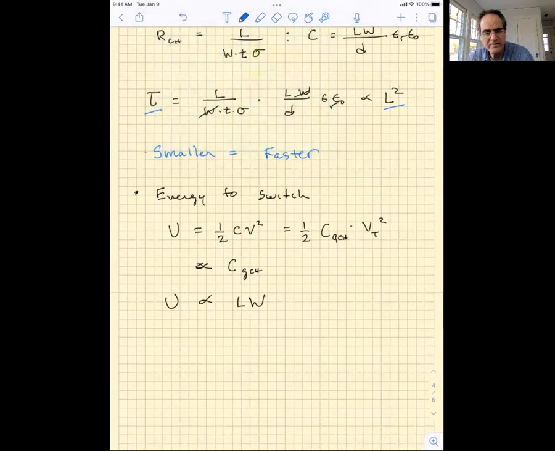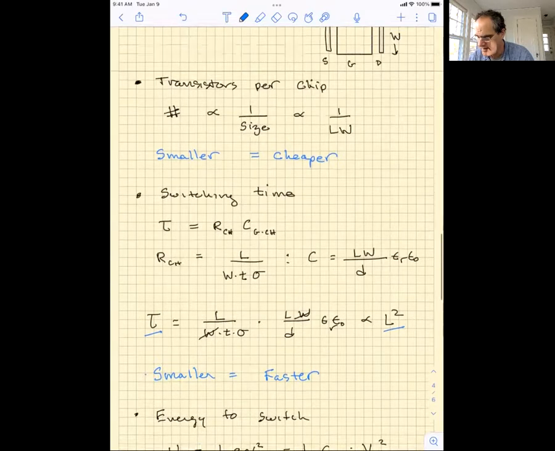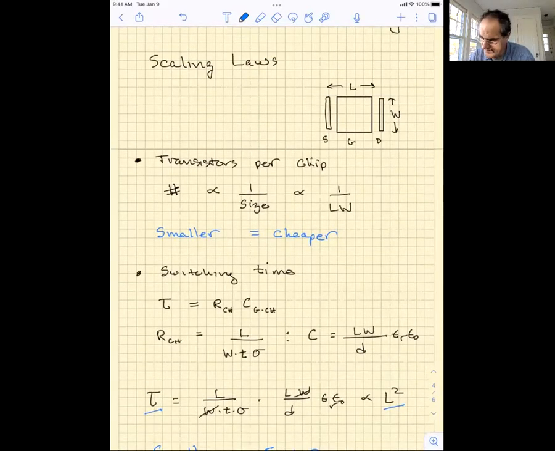So small transistors take less energy to switch. So smaller also equals lower power. Okay? So not so bad. We figured out a scaling law for transistors. We figured out that smaller transistors are cheaper.